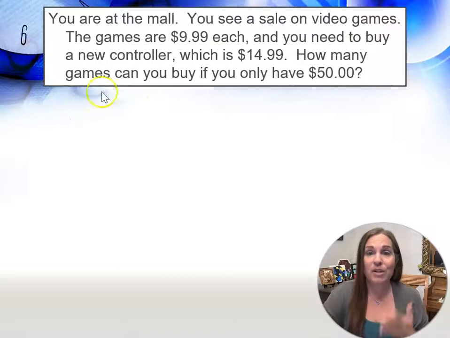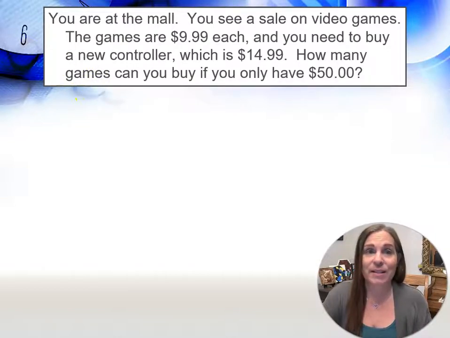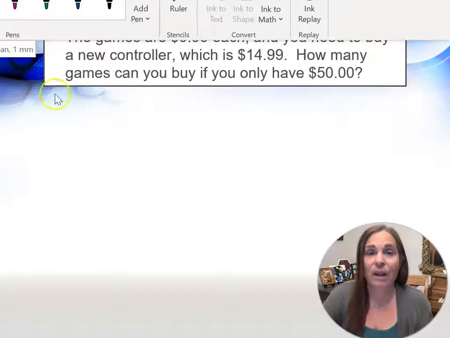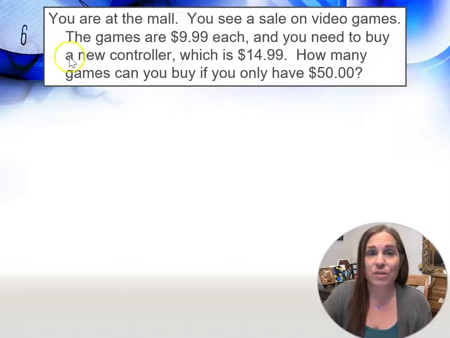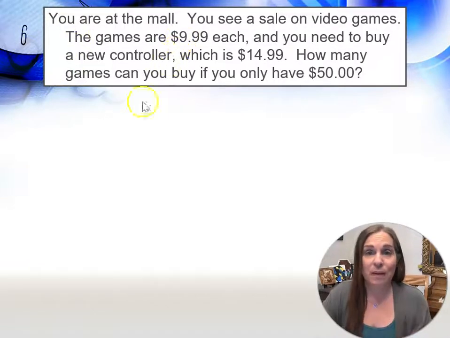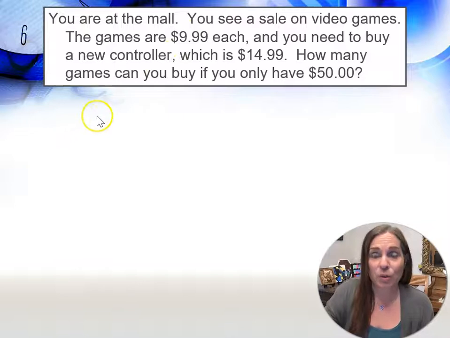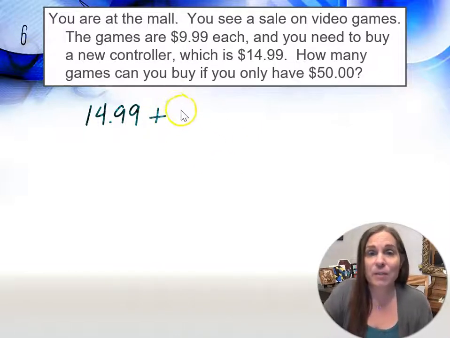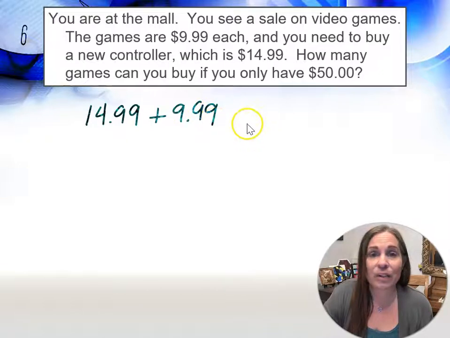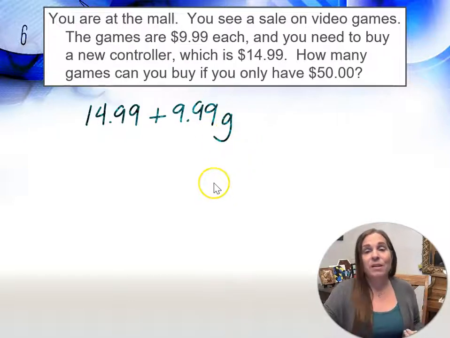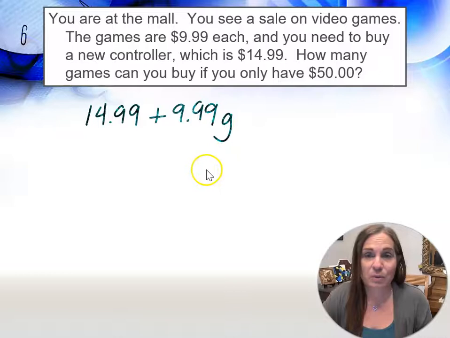Okay, so first we're going to set this up as an inequality. And the inequality is going to be the cost. So here's what I'm buying. I am buying a controller, right? So that's going to be $14.99. Plus, I'm going to spend $9.99 on each video game, right? So I'm going to put G for games. $9.99 times the number of games.